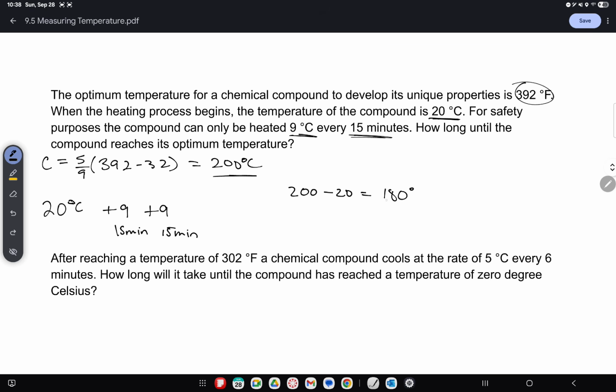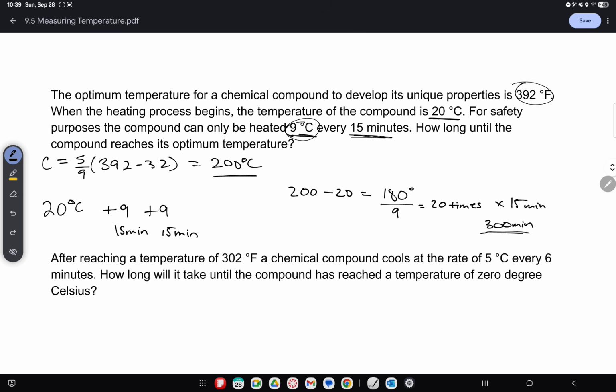If I divide that by the 9 degrees Celsius, how many times I need to add 9, it's going to be 20 times. Each one of those 20 times is worth 15 minutes, so we'll do 20 times the 15 minutes. So it's going to take 300 minutes.